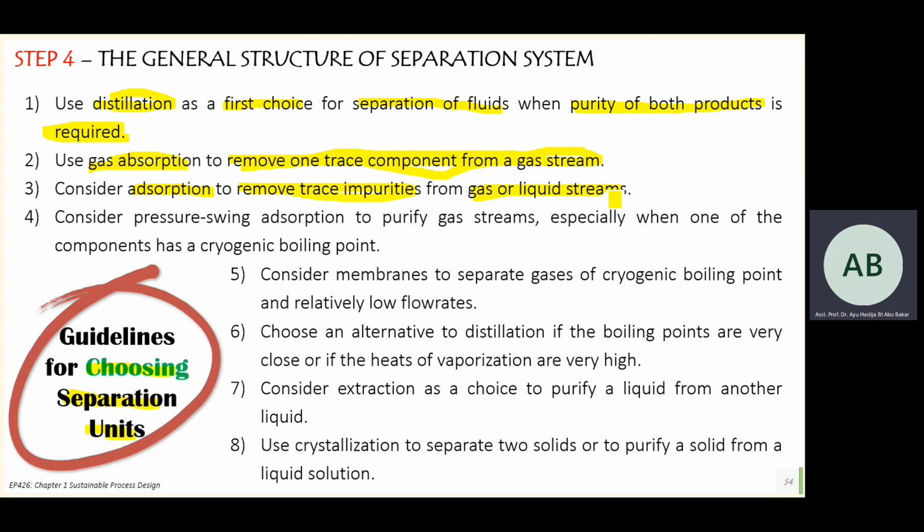A simpler method is to use adsorption for impurities. Then consider PSA, pressure swing adsorption, to purify a gas stream, especially when one of the components has a cryogenic boiling point.